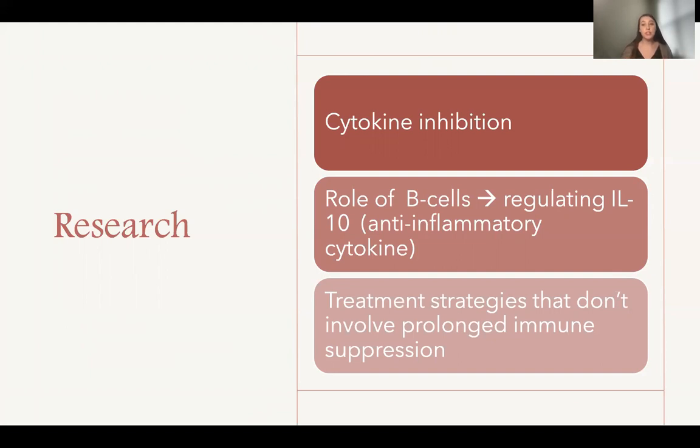So more research needs to be done on the role of B cells, and it's thought to be an area of opportunity because B cells are key to regulating IL-10, which is an anti-inflammatory cytokine, which could possibly help treat and stop the inflammatory cascade. And treatment strategies are also needed that don't involve prolonged immune suppression, as the side effects can be quite severe.